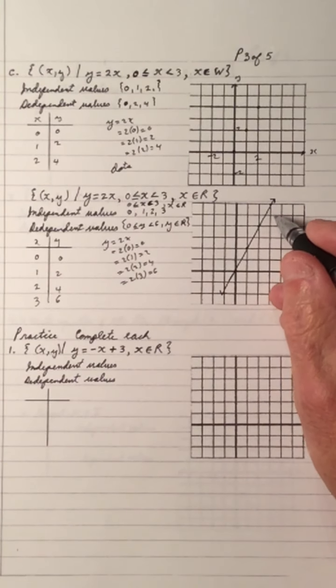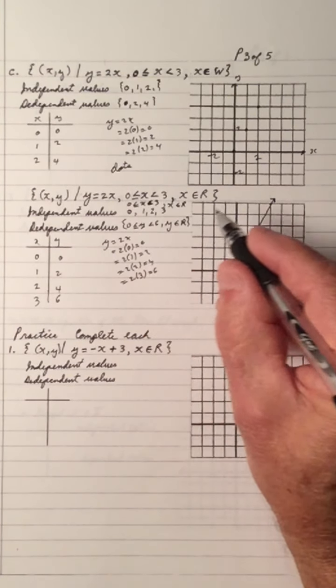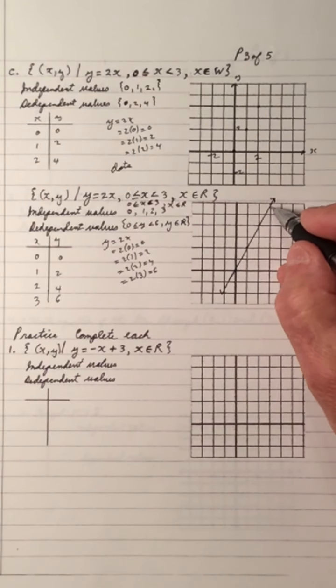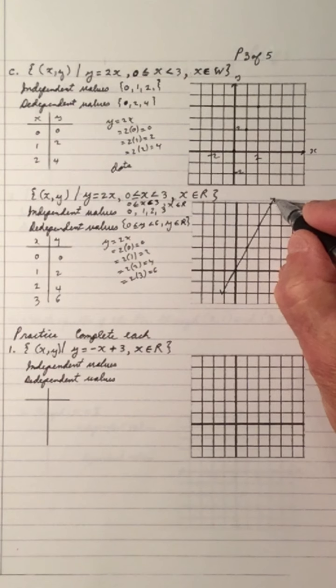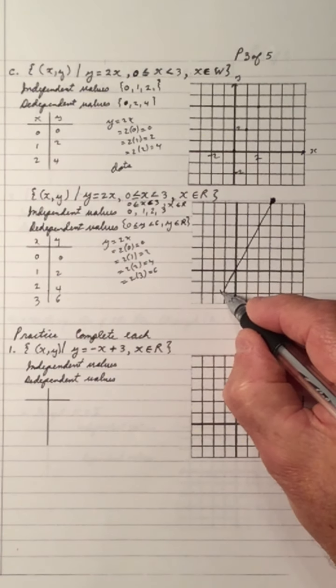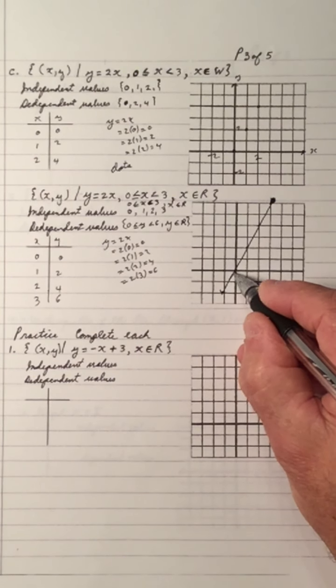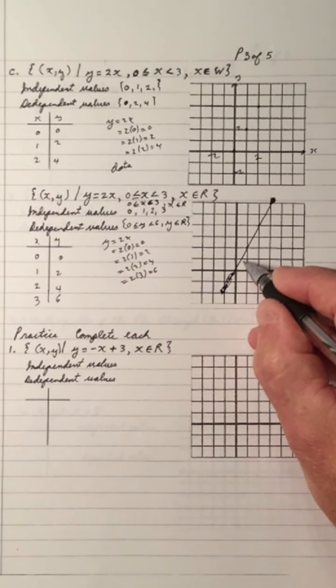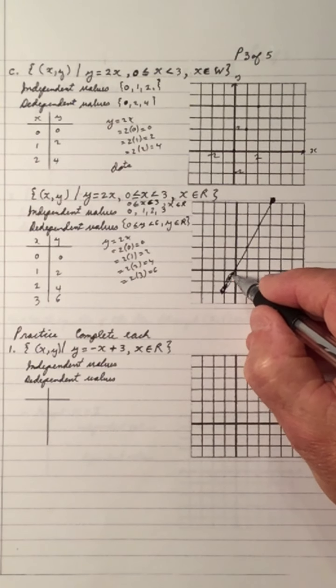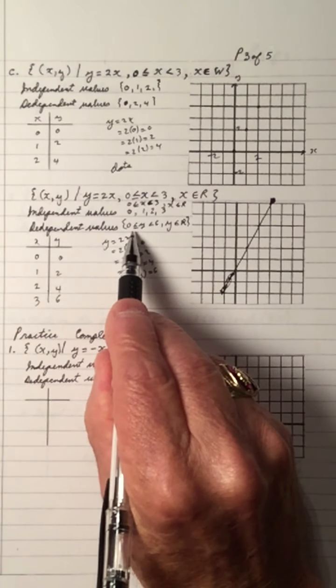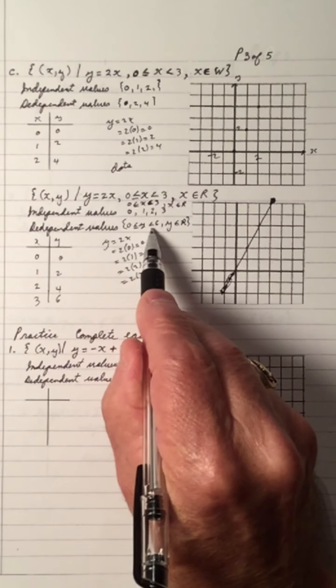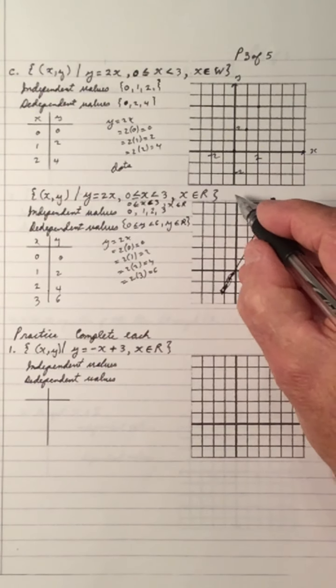So this is all the real numbers, but I have an error. So what happens? I can't use that up there, and I can't use this down here. Even though I drew my line, I made a mistake and extended it further, because I can only use these values of x, and these are the y values from 0 up to 6.